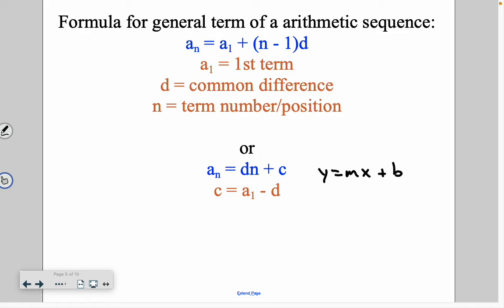This constant is really just the y-intercept, like an initial value. That's kind of your a sub 0, if you will. That's your starting point. And n in this formula is really just like x. It acts the same way. Your term number is really just x. So I wanted you to see that it's the same idea as a linear function.